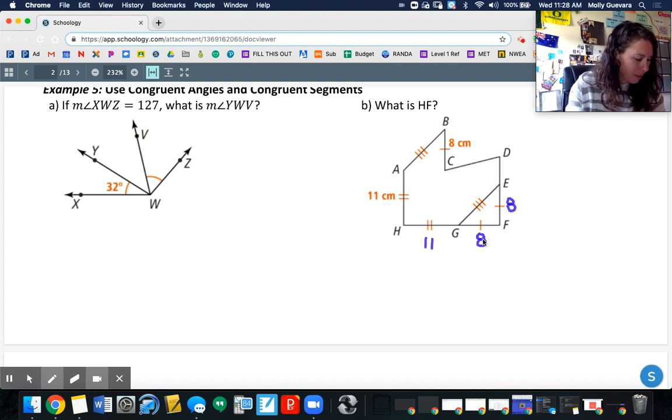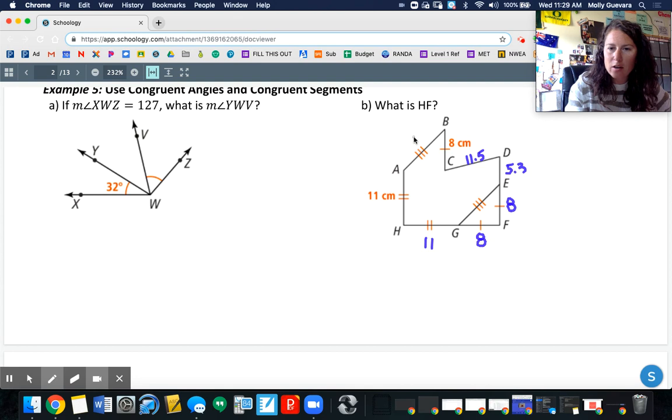Then the information I'm given that C to D is 11.5. I'm given that D to E is 5.3. So this is information that was given to me in that problem. And I'm given that the whole perimeter is 73.8.